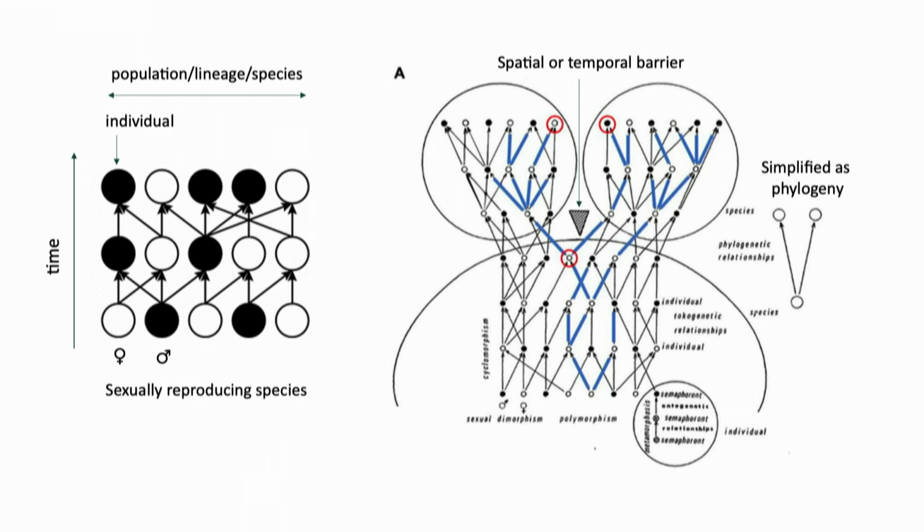So we get these networks of genetic connections between individuals. And over time, you can think of these interbreeding individuals as forming something that we call a population or a lineage or a species, an entity that's separate from other such entities.